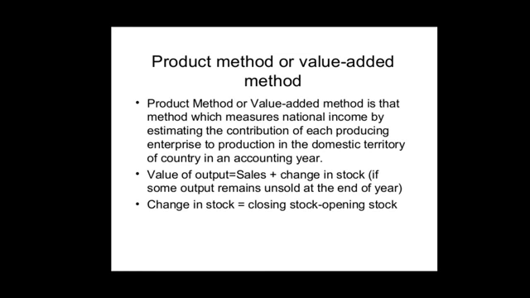In other words, only the value of final goods and services is included in national income by using the value added method or the product method.